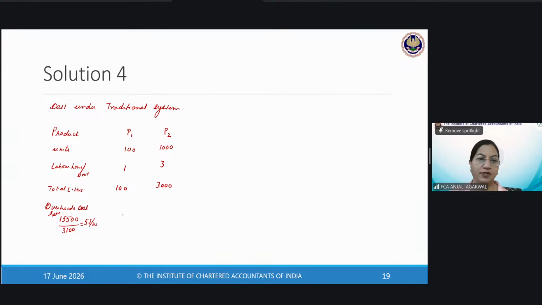So the total cost allocated to P1 is 5 into 100, 500 rupees, and to P2 is 5 into 3,000, 15,000.